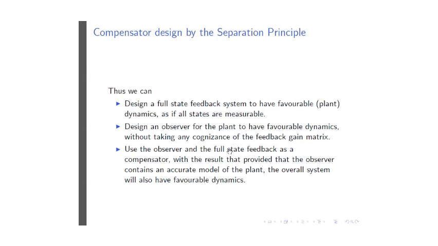If we combine the observer and the full state feedback as a compensator, the result is that provided that the observer contains an accurate model of the plant, the overall system will also have favorable dynamics, namely the favorable dynamics that we've designed.